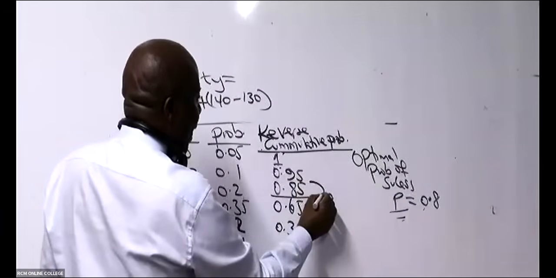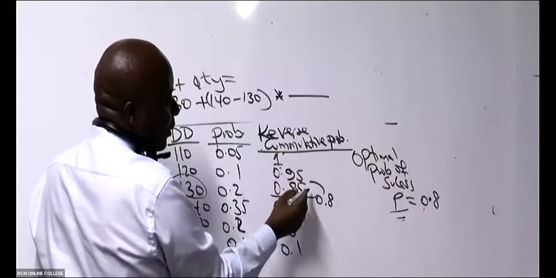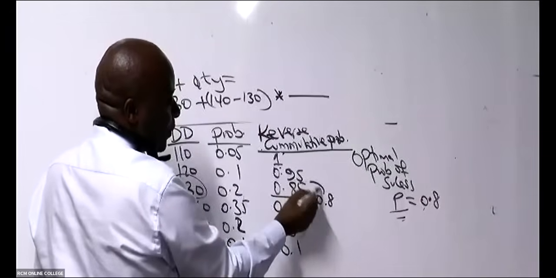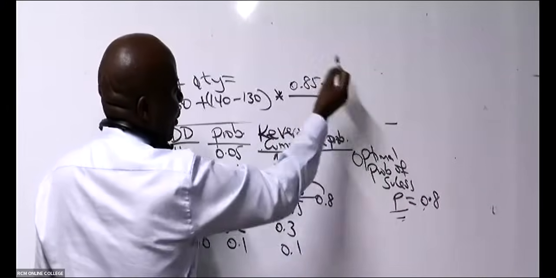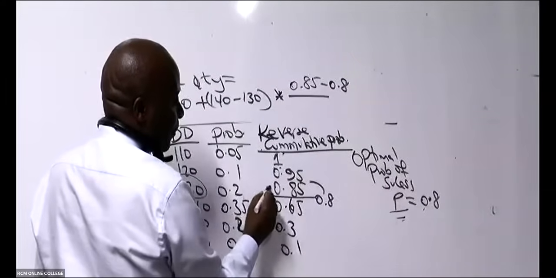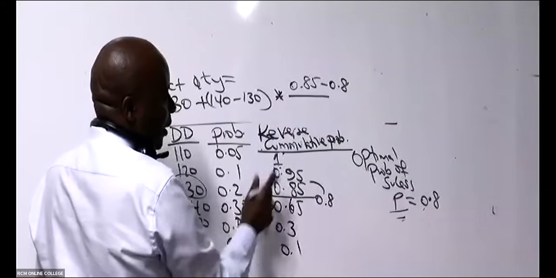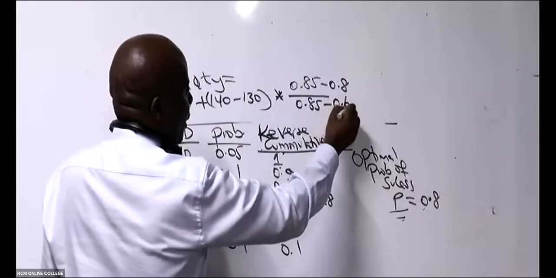Remember the higher times. So we have here the numerator. The numerator will be the difference between these two numbers, 0.85 minus 0.8. And then the denominator will be 0.85 minus 0.65.